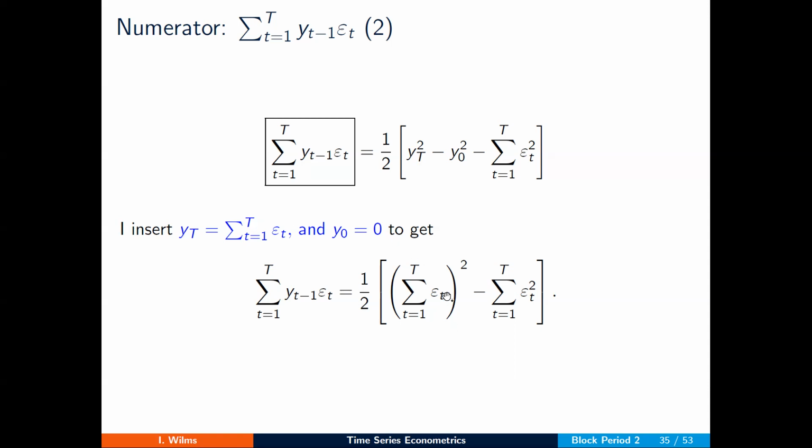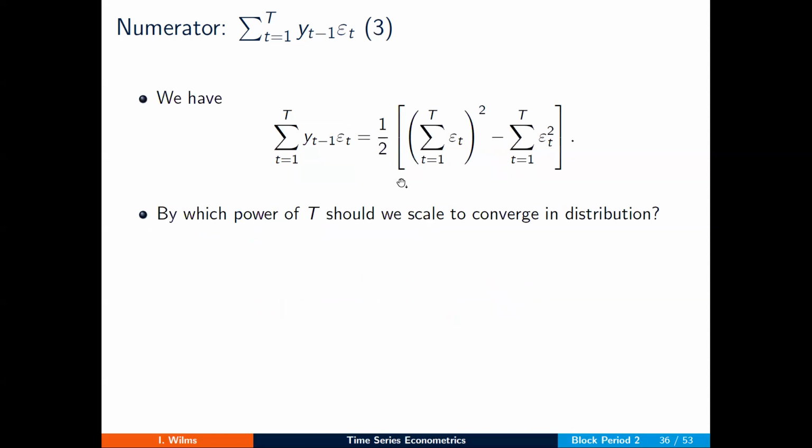So plugging this in over here, that brought us to this expression where we have rewritten the numerator as a function of partial sums of the errors only. And from here onwards, we can relate to our scaled partial sum process and apply the functional central limit theorem.